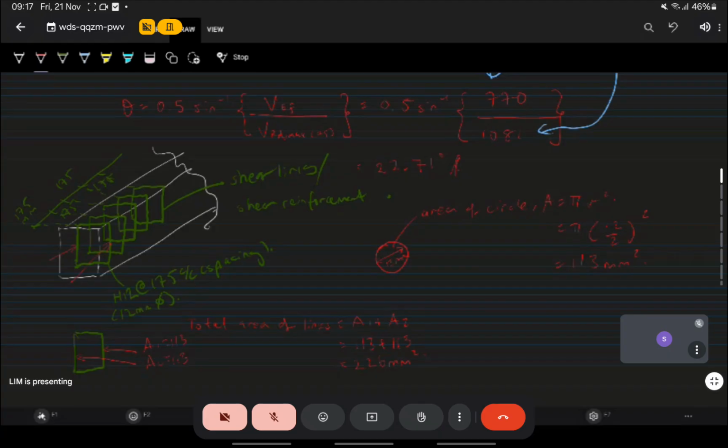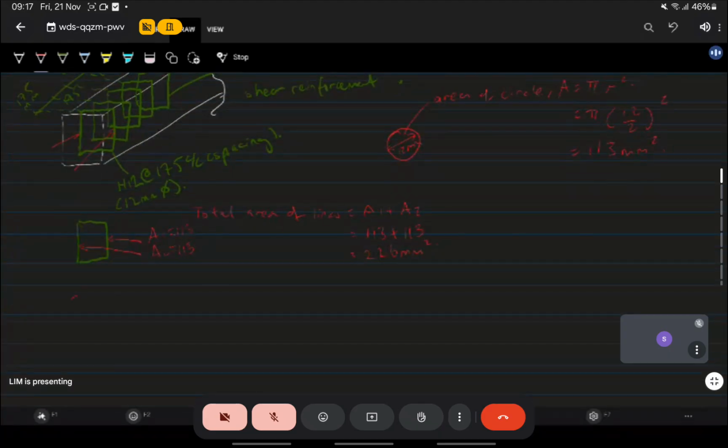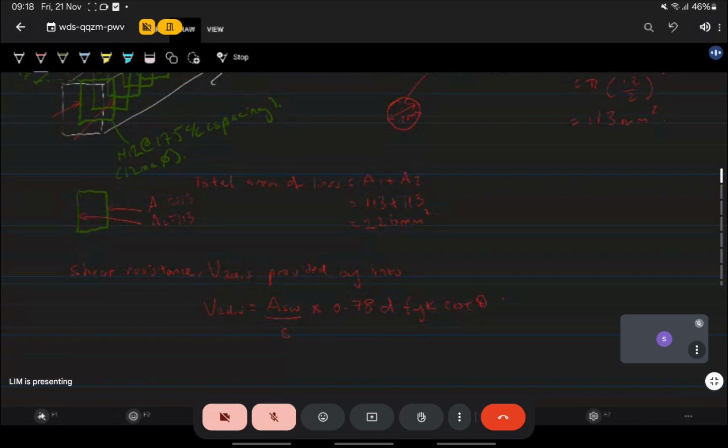So the shear resistance formula, VRDS, provided by the links, the steel, is this formula.